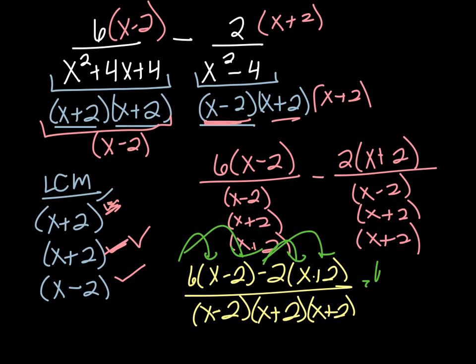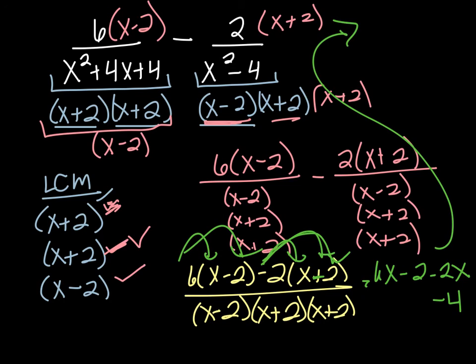I get 6x minus 12. Shoot, I'm running out of room. Let me see what I can do here. Well, we're going to keep going. Minus 2x, and this is a plus right here, so minus 4. So now I'm going to bring it up to here, and I apologize for going around the page.